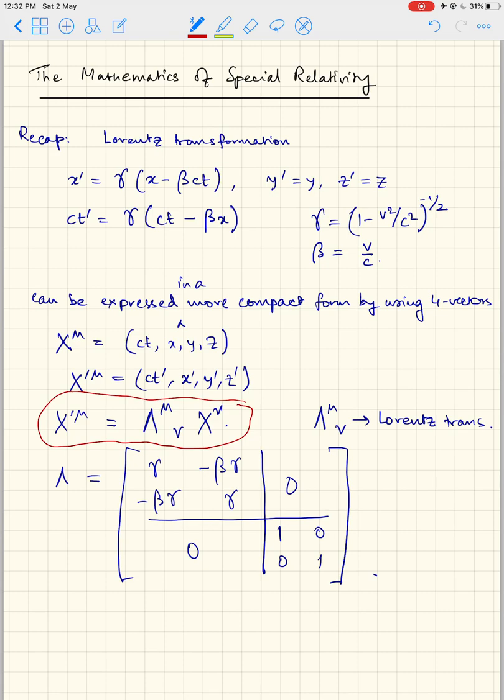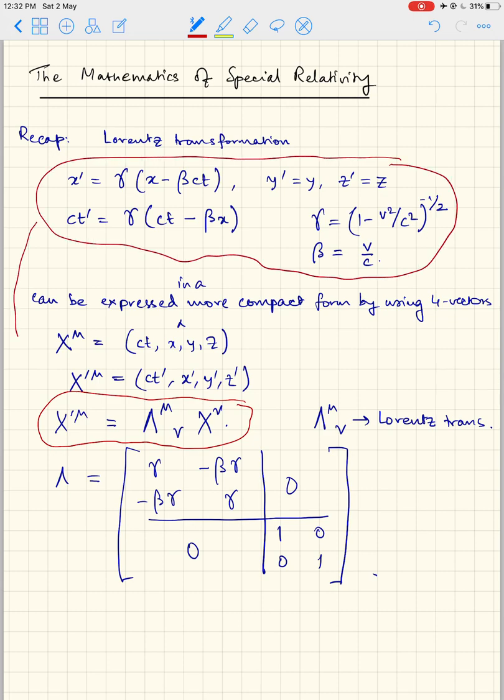If you wanted to link these two up, look at the specific case of a boost along the x-axis. This is the form of lambda that you would want to write down.